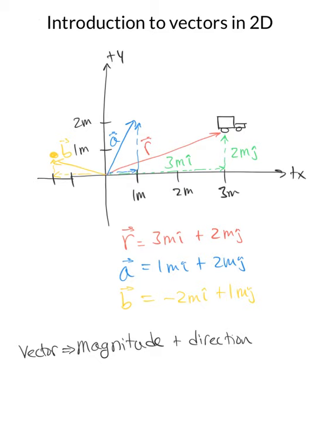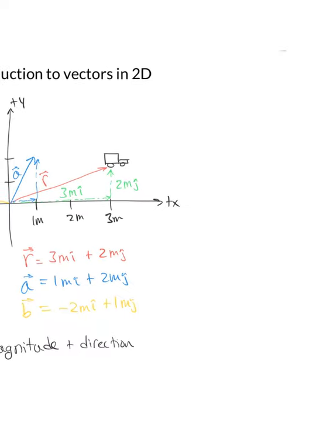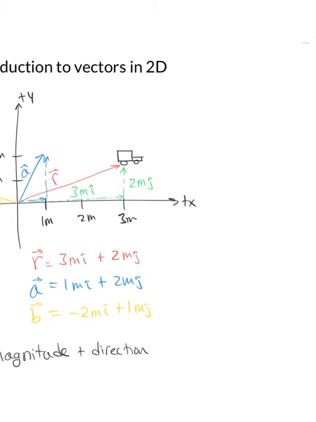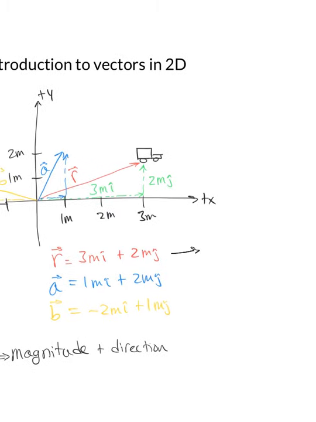So the way that we can get this magnitude and direction information out is that we use our trig functions. So if I want to take my r vector, I can write the magnitude of my r vector, which I write by putting absolute value signs on it. This is simply using the Pythagorean theorem to find the length of my red arrow here.